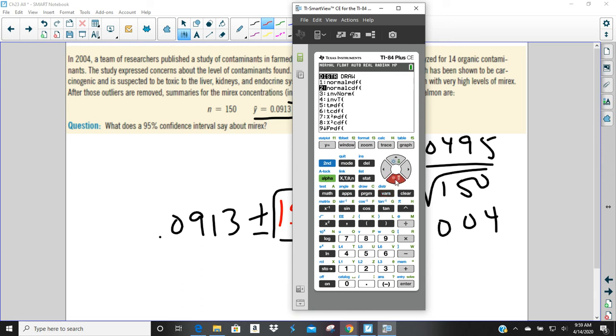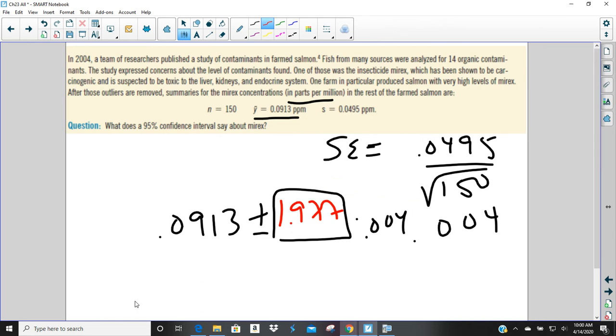That's going to allow me to put in my area, which is 0.975. My degrees of freedom is going to be 150 minus 1, which is 149, and I'm going to hit paste. Okay, and I'm going to hit enter. And the critical value I get is 1.976, which is close enough for what we just found, which was the 1.977. So either one would be fine.